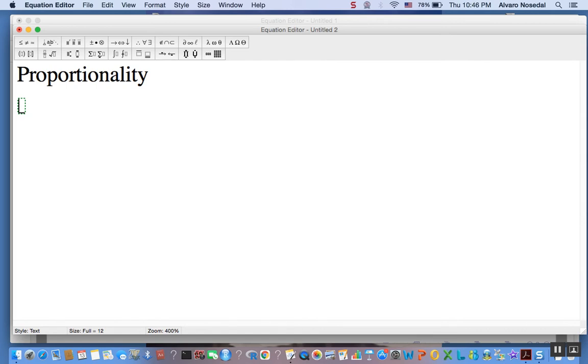When two functions differ only by a constant, they are said to be proportional to each other. Now, there's a symbol that looks like an alpha. Let me see if I can find it.